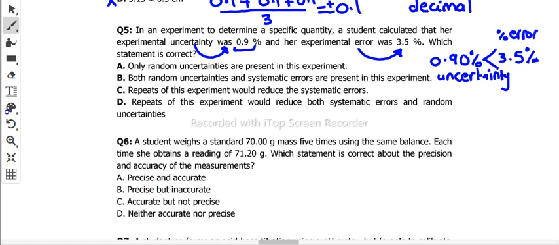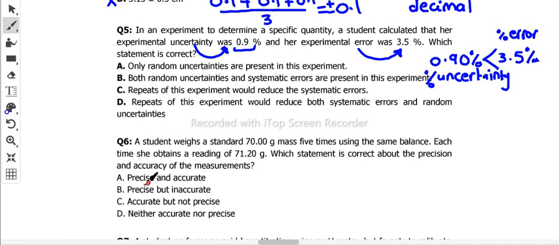Here we have a very important rule. Whenever the percentage error is higher than the percentage uncertainty, in this situation our experimental data or experimental method contains both systematic and random errors, and this is so important to be remembered. Now I will start answering. Only random uncertainties are present inside this experiment.